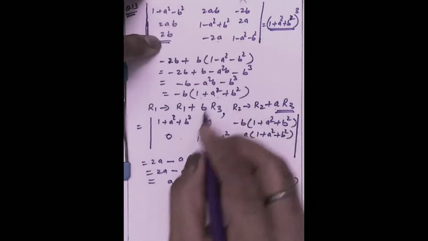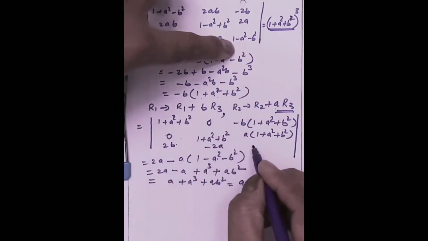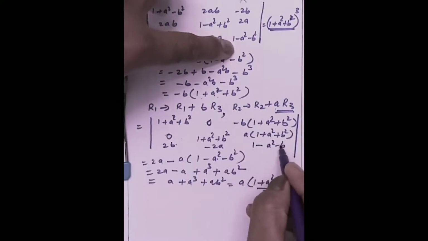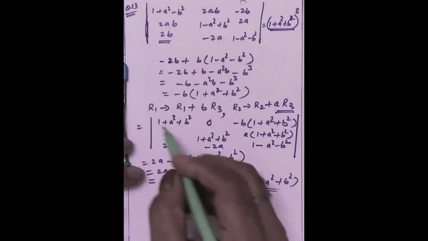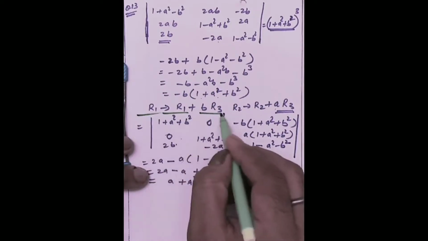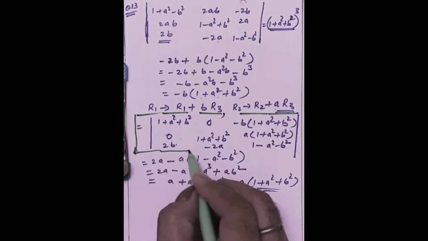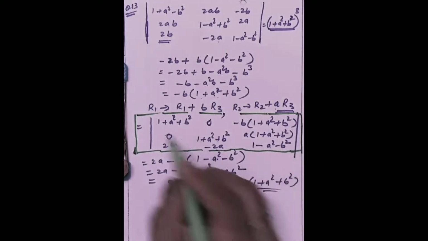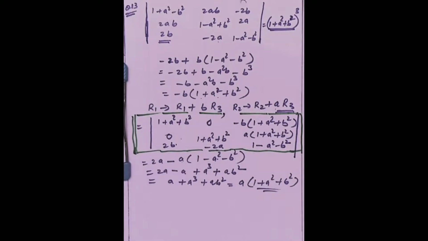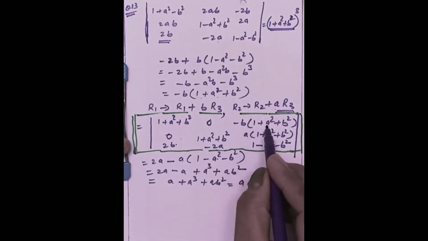Then the third row, that is same only, 2b minus 2a and 1 minus a square minus b square. Here this is a little congested, but you have to concentrate on this particular determinant. This determinant we have to evaluate outside. So now here we have 1 plus a square plus b square, 0 and 1 plus a square plus b square.